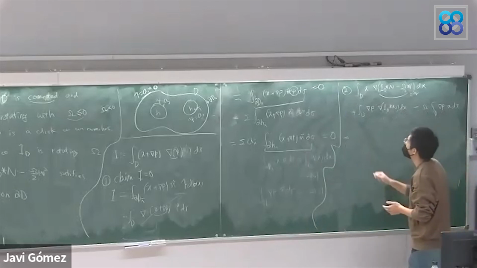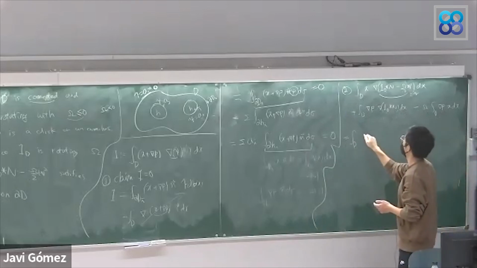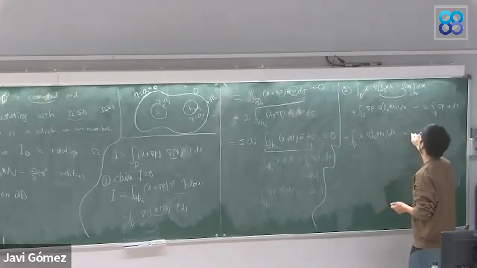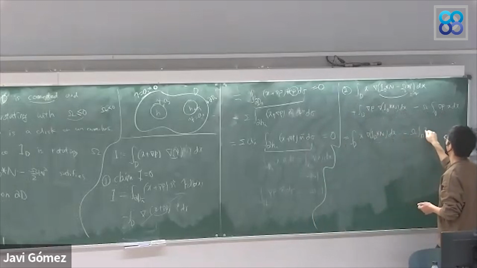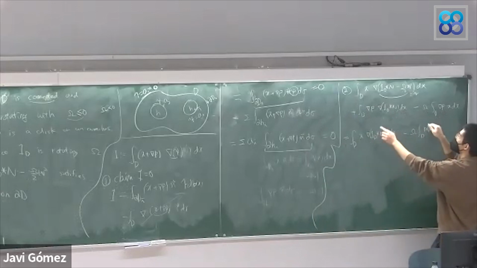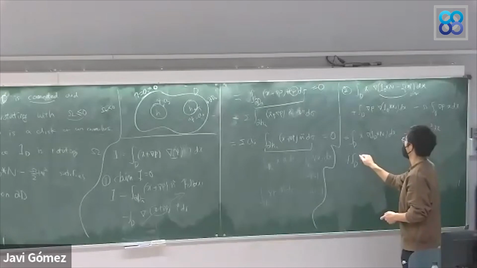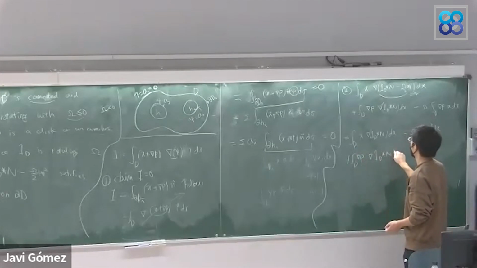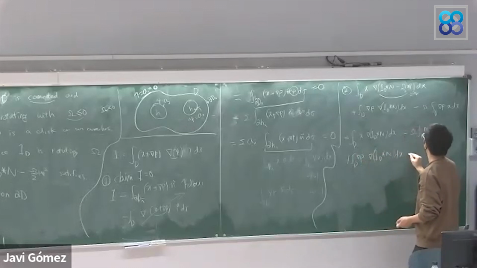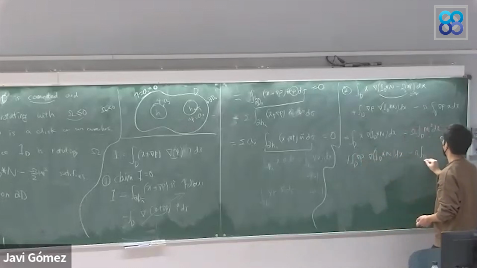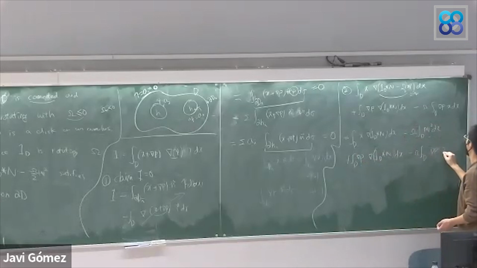And then I'm going to split a little bit more, x times grad psi minus omega. So these two terms are coming from the first integral, and then we have the rest, the p plus x.